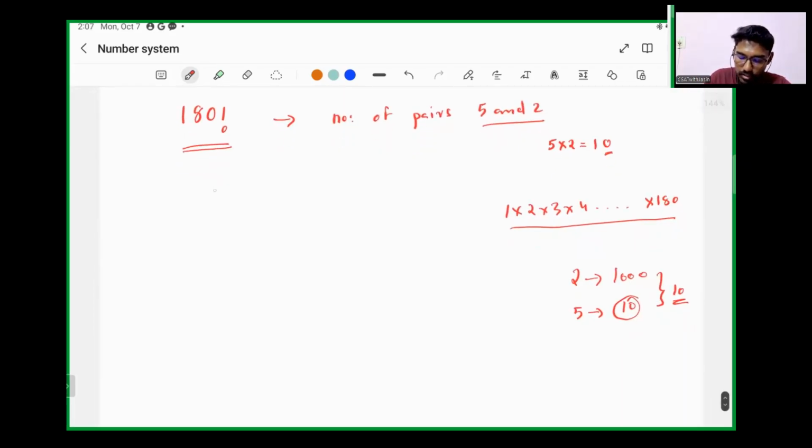To count the 5s, first divide 180 by 5, and you will get 36. That means there are 36 multiples of 5, so 36 5s.